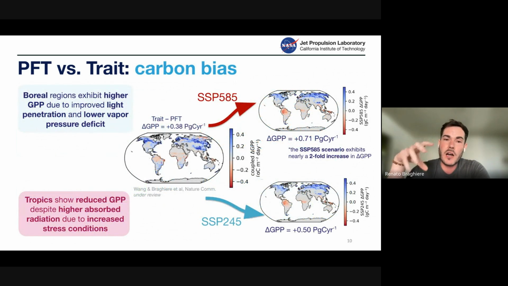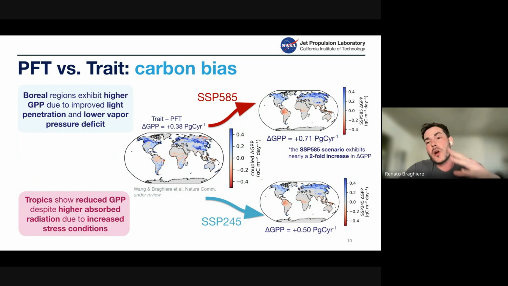When we look at carbon, we see that because of this duality, the boreal regions responding one way and tropical regions responding another way, we see higher GPP in the extratropics due to improved light penetration and low vapor pressure deficit. And in the tropics, we see reduced GPP due to increase in stress conditions, just hotter.